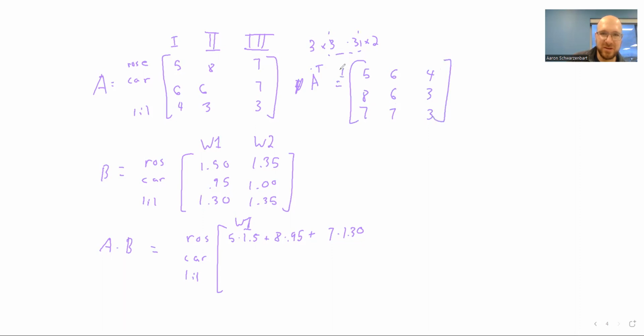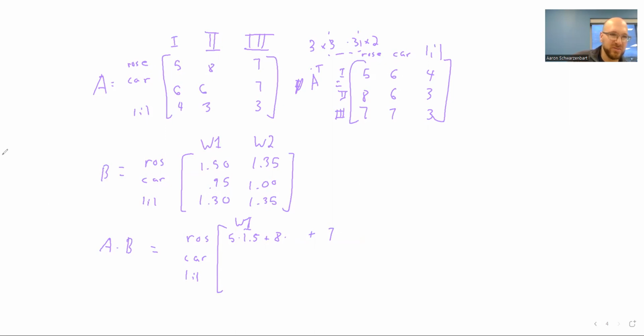So now I've got 1, 2, 3 this way, and rose, carnation, and lily. So now, when I do this multiplication, I'm not multiplying the number of roses times the cost of a carnation. I'm doing the number of roses.